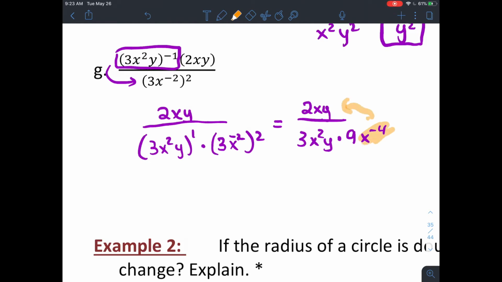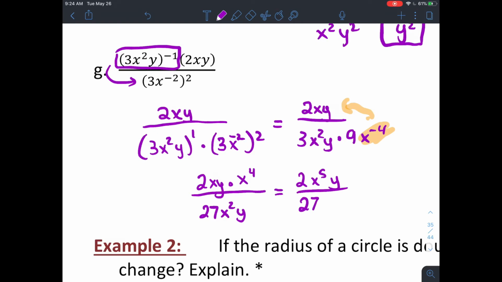Then I'm going to move my x to the negative fourth to the top and multiply by x to the fourth, which if I multiply some things together, on bottom that's going to give me 27. And then I can make that x to the fifth on top and divide out some common factors. So that'll leave me with 3 factors of x on top since there were more factors on top to start with. And then y's divide out to 1.